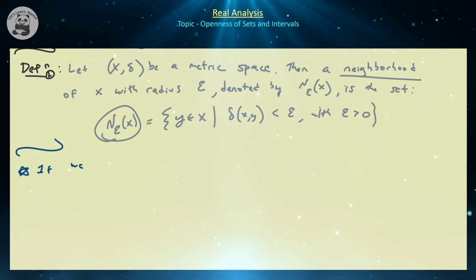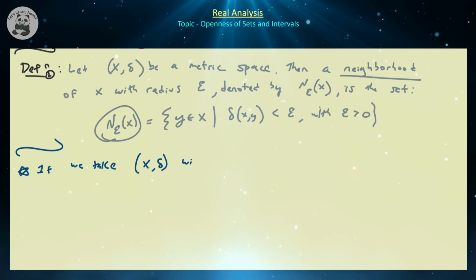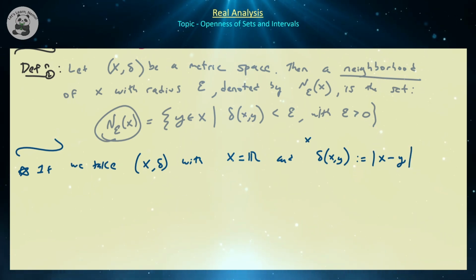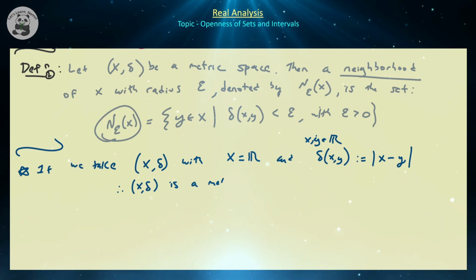If we take the set (X, delta) with X being the set of real numbers and the distance between x and y equal to the absolute value of x minus y, where x and y are obviously reals, then (X, delta) can be proven to be a metric space, right?